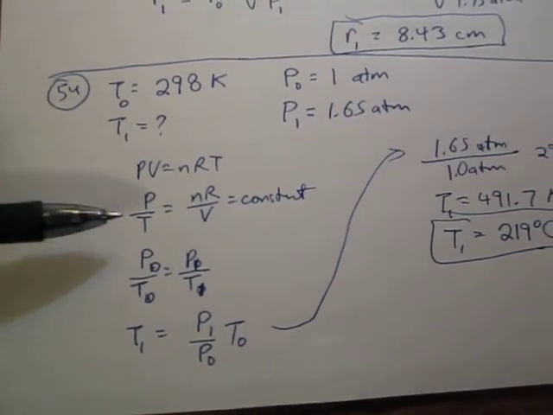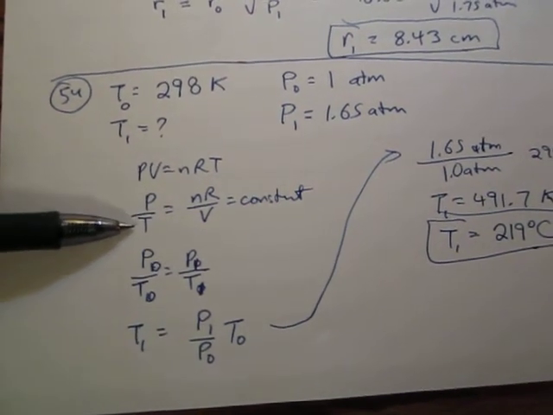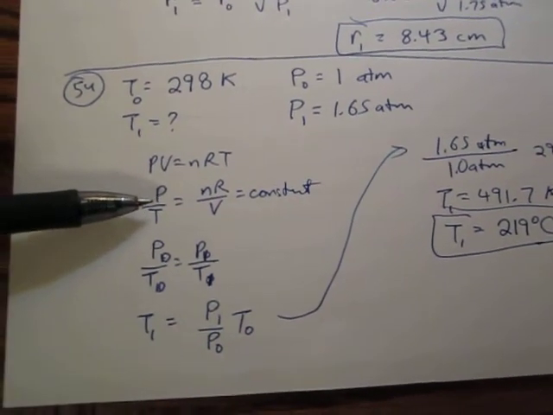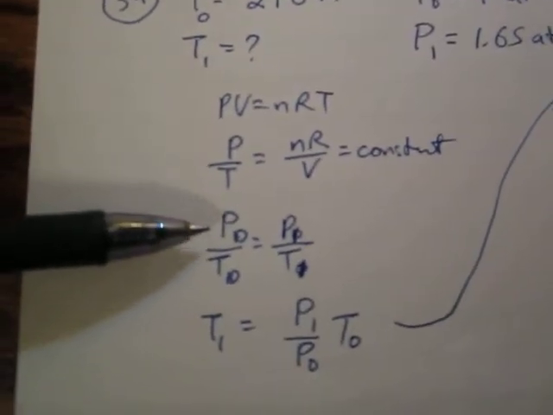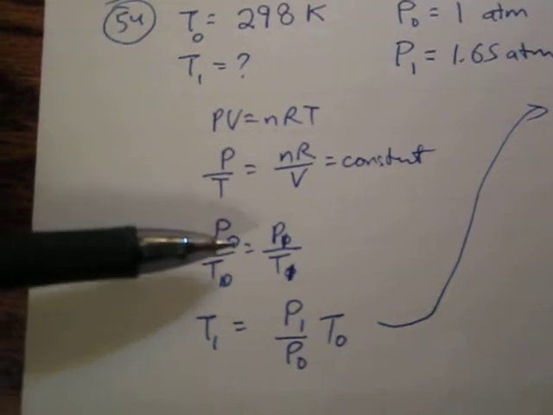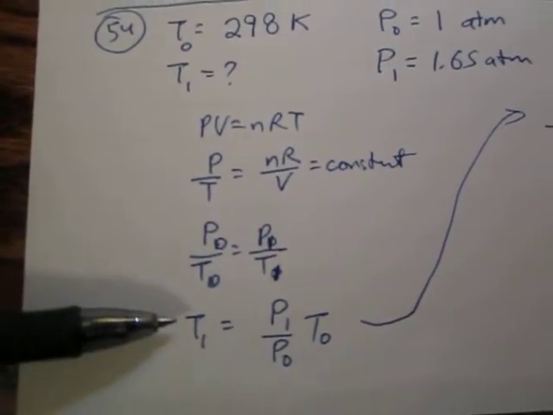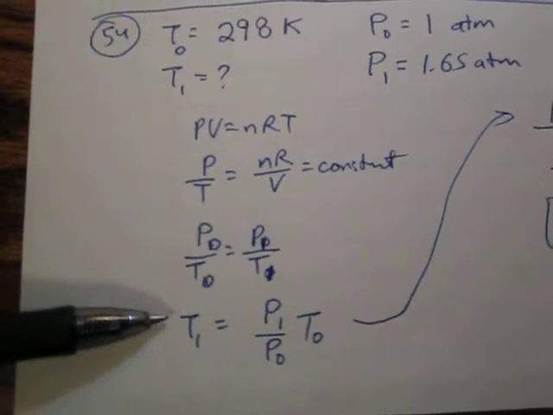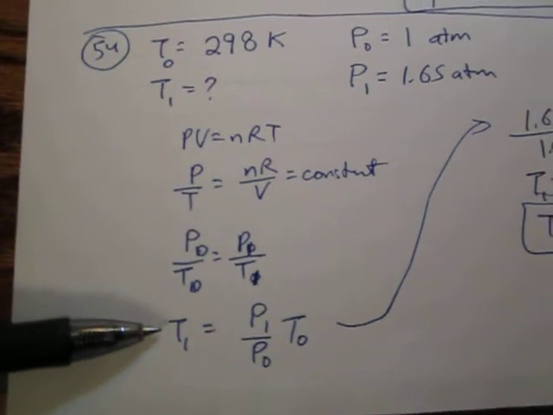So P over T equals nR over V. P over T is equal to some constant. So let's just focus on that. If P over T is constant, then we have P0 over T0 equals P1 over T1. And if we want to solve that algebraically for T1, T1 becomes P1 over P0 times T0.